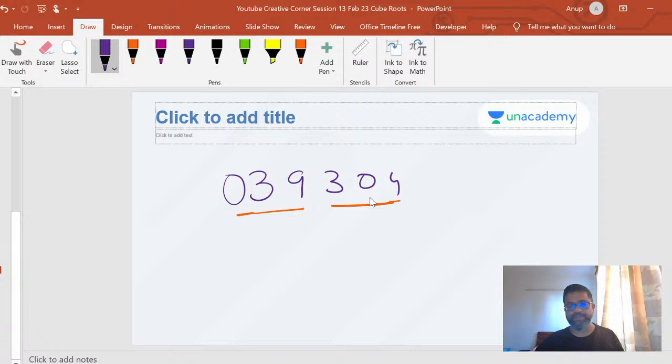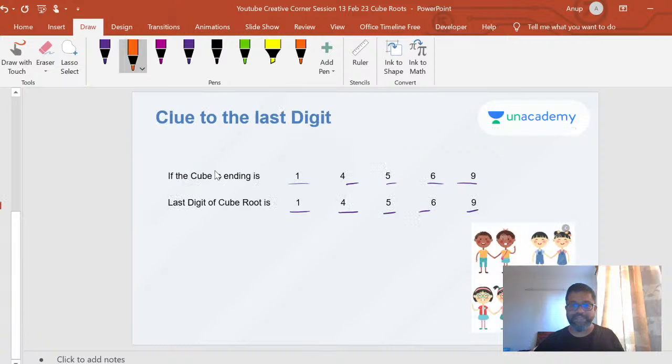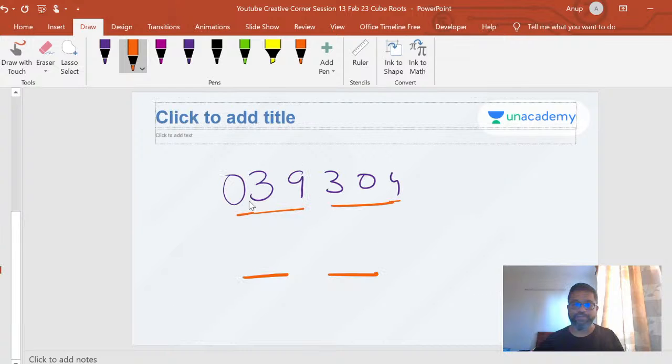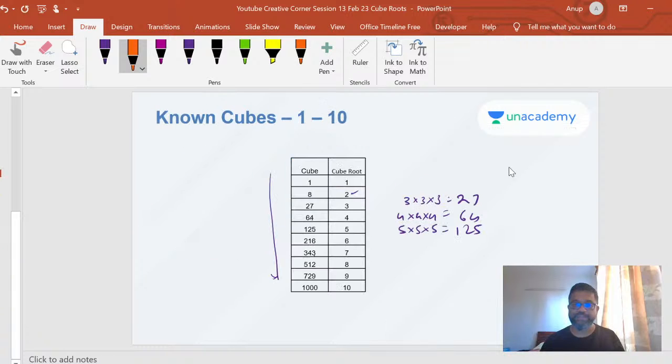So what will be the answer? The answer will be 2 digits. Now I saw that this is ending in 4. So what will be the last digit? As I told you, the twins thing, if the cube is ending in 4, the last digit of the cube root is also 4 only. And 39 falls between which cube here? 39 falls between 27 and 64.